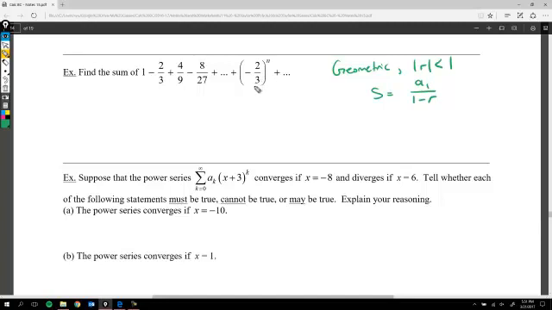Okay, the absolute value is 2/3, and so that's fine. So my sum is equal to my first term, 1, divided by 1 minus my common ratio, which is negative 2/3. Right? That's going to be 1 over 5/3, which is 3/5. Right, so the fact that it was alternating did not matter in this case. I'm still treating it like a geometric series. It's still totally fine.